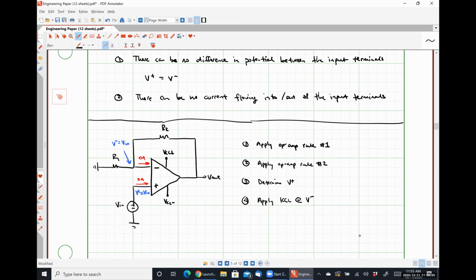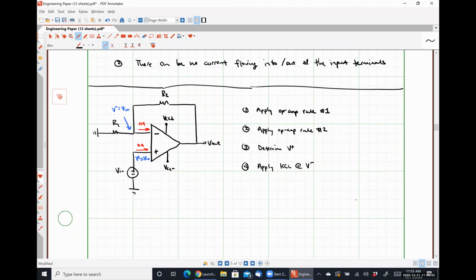So in doing that, let me use pink. We would have this current plus this current equal to 0, right? Because we know that no current can branch off and flow into the input terminals.